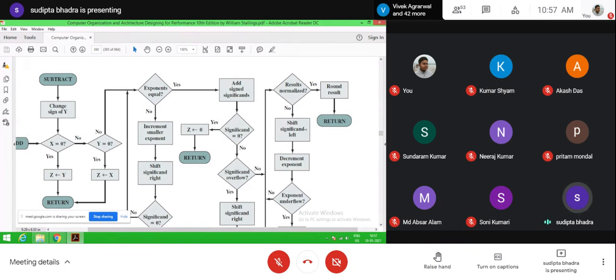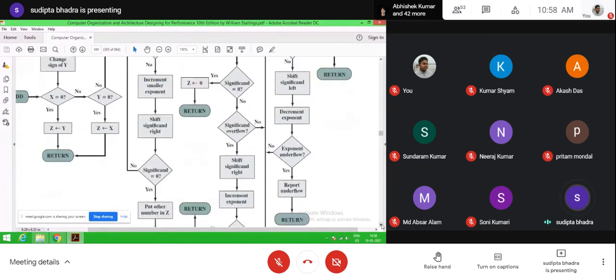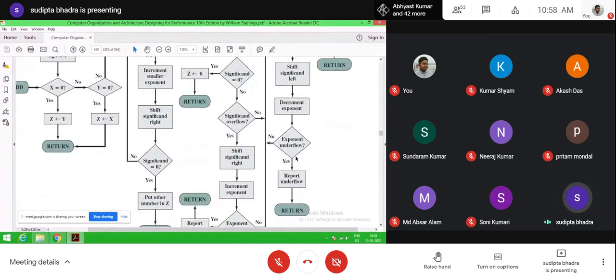When you shift the significant left, you are shifting the decimal point towards right, which means decrement of exponent. Here comes the condition of exponent underflow. If there is exponent underflow, report underflow and the process is stopped, so you are not going to get a result.